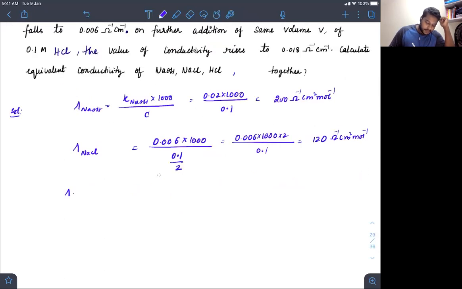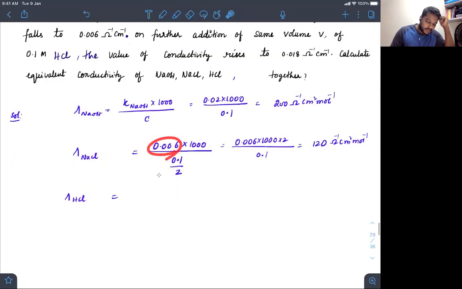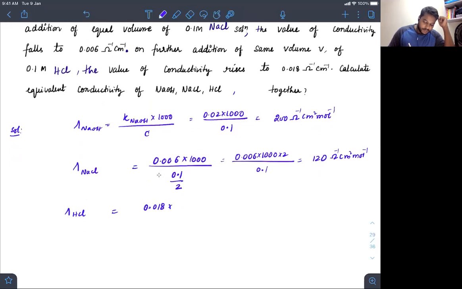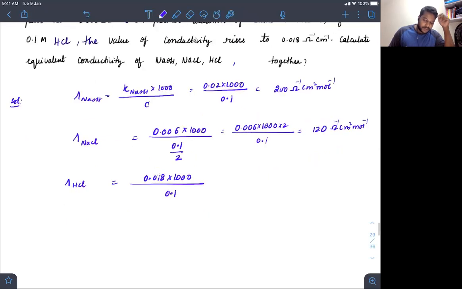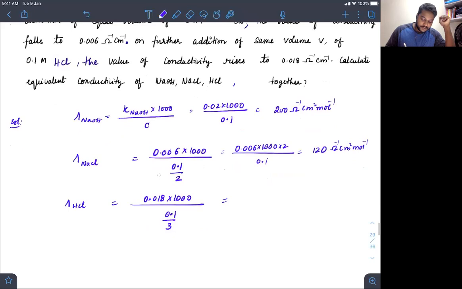And lastly, HCl. Again, when you are adding HCl, already we have NaOH and NaCl present in it. Based on that, overall conductance, we are getting that as 0.018 into 1000 divided by concentration, which is 0.1 divided by 2 again, because again you are adding the same volume further. Sorry, divided by 3 here, because volume has increased by 3 times. So that will be equal to 0.018 into 3 into 1000 divided by 0.1.